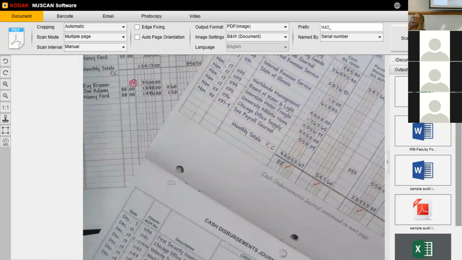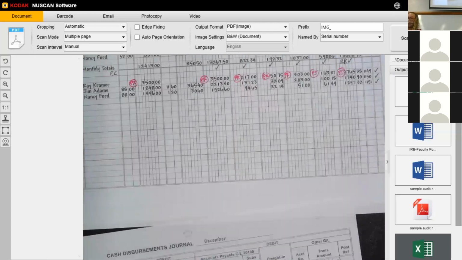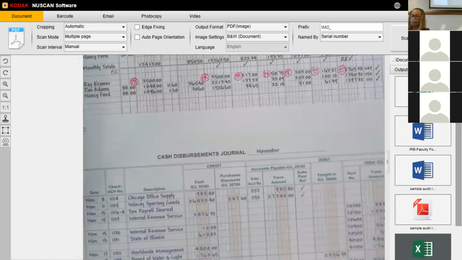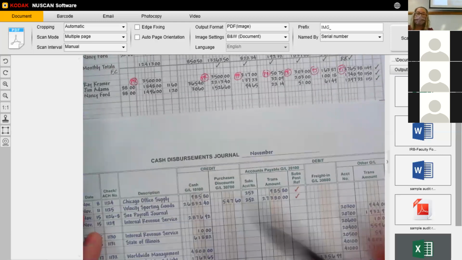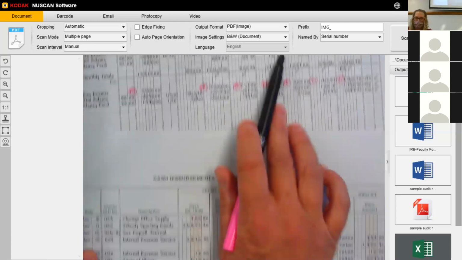Here we go. So here is the preceding month's cash disbursements journal. And here's our preceding month's payroll journal.